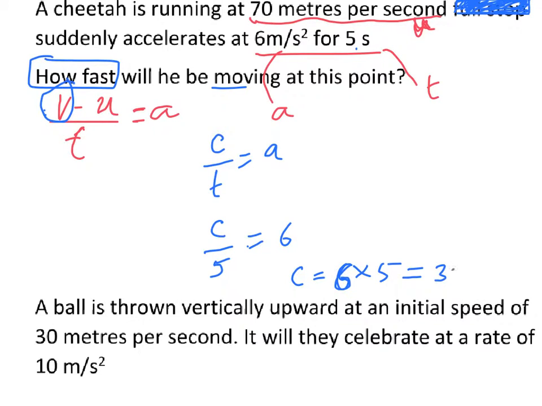So that's going to be 30 meters per second because we are talking about speed here. So as we are talking about the speed, the unit is meters per second. So this is the change in speed. Now it was already traveling at 70 meters per second. So all you have to do is add that to this value of 30 meters per second. So 70 plus 30. Now the speed after this 5 seconds is going to be 100 meters per second.